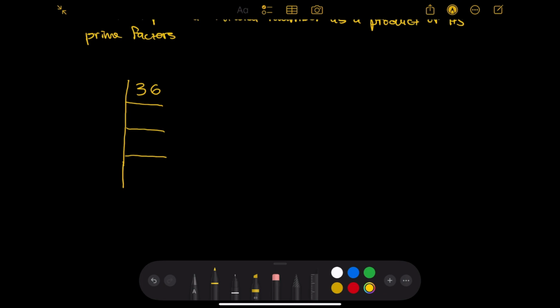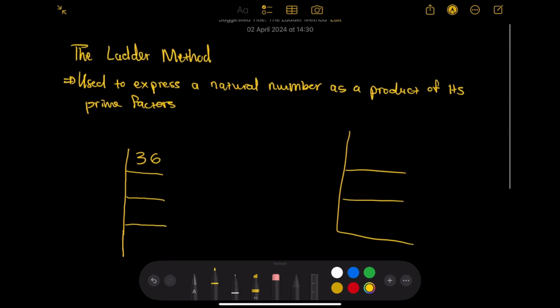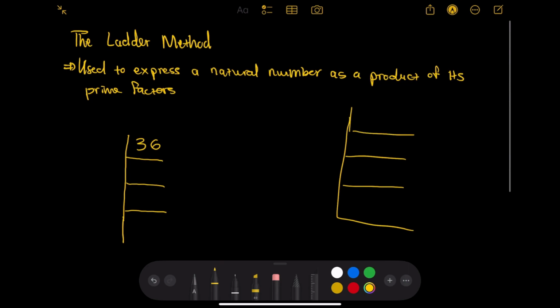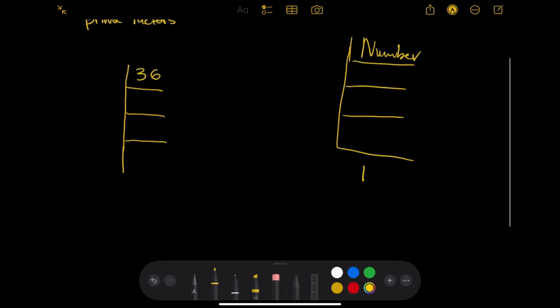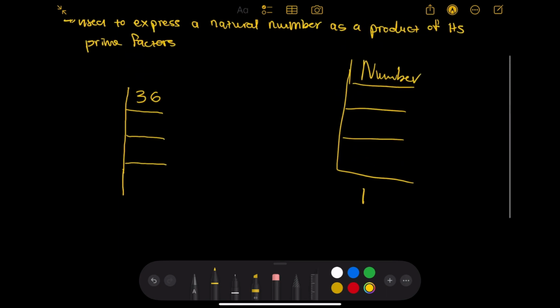But the objective of this is to ensure that your quotient or your answer that is left is 1. So when I put this at the side, whatever number I have here at the top, ultimately as I divide by various prime factors, at the end I must be left with the number 1.